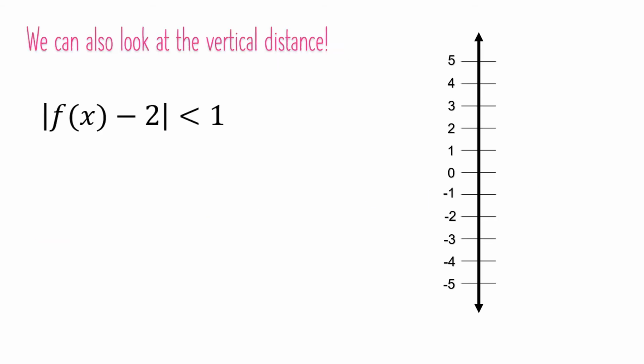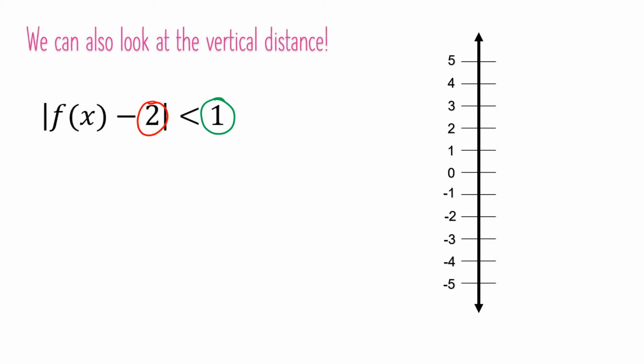We can also use absolute value inequalities to look at vertical distance. So here we have our 1 as our distance, or in this case we'll call it error when we're talking about vertical distance. And then we have f of x minus 2.